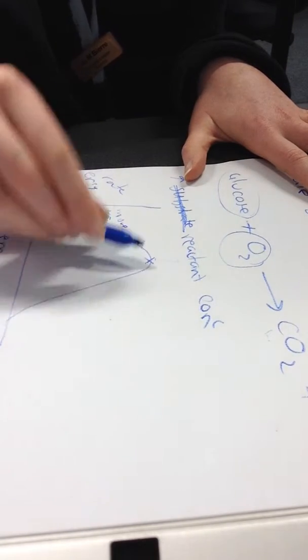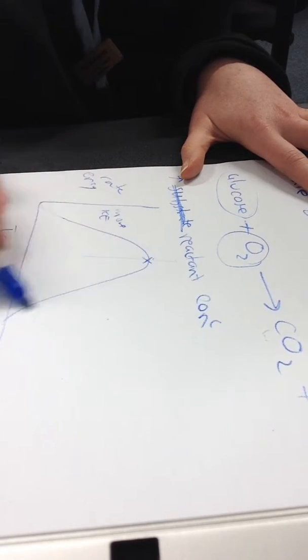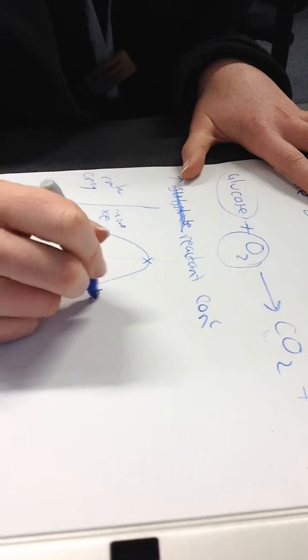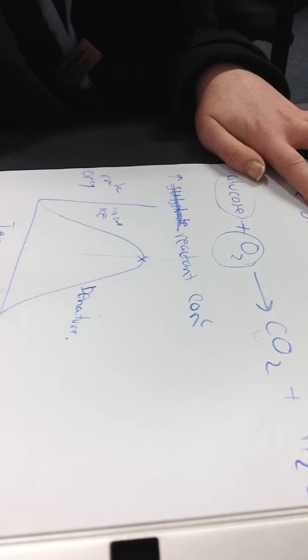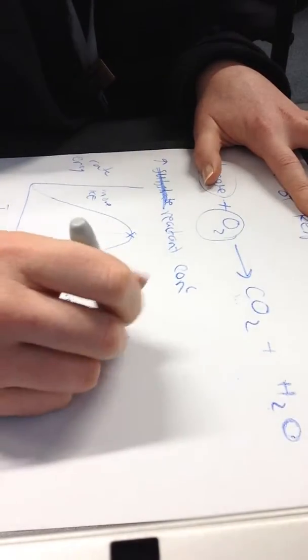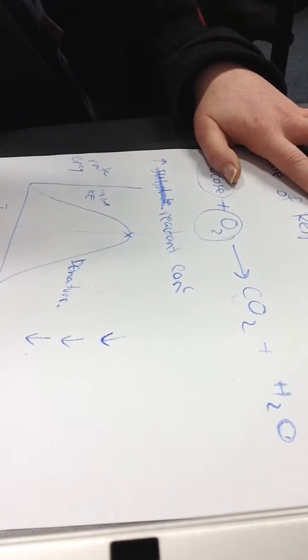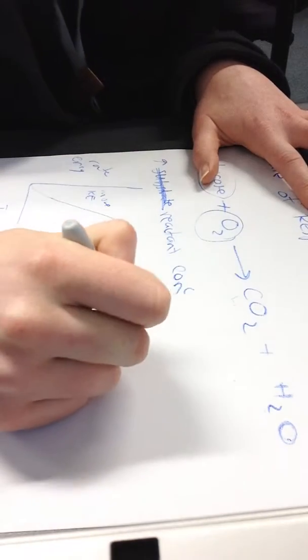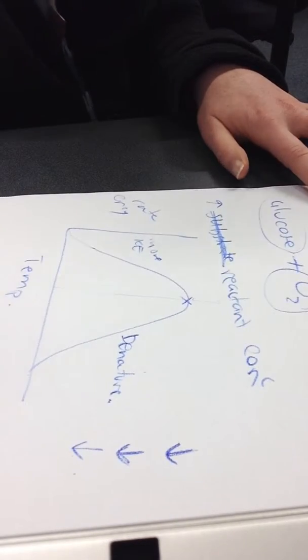Getting up to a point, and then obviously if it gets too hot, the enzymes are going to denature, and respiration is not going to go ahead much, because you need enzymes for all those different arrows that we talked about before. So lots of enzymes. If you denature your enzymes, then respiration is not going to occur very fast at all.